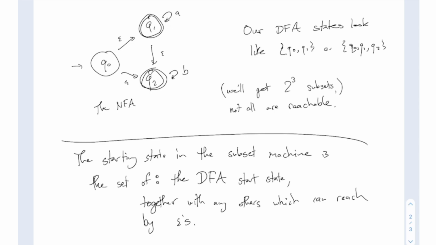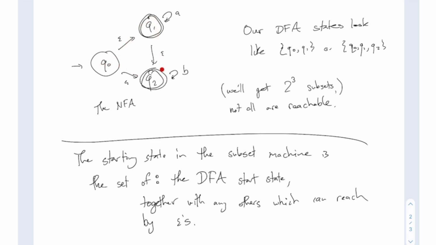So in this particular example, we're going to start at Q0, but also any other states which you can reach by epsilons from Q0. And that's actually everything, right? You can get to Q1 by epsilon, or you can get to Q2 by epsilon. In fact, you could get there two different ways by epsilon.